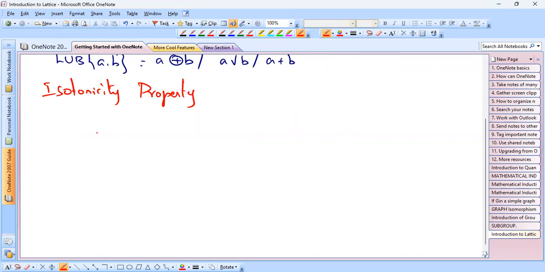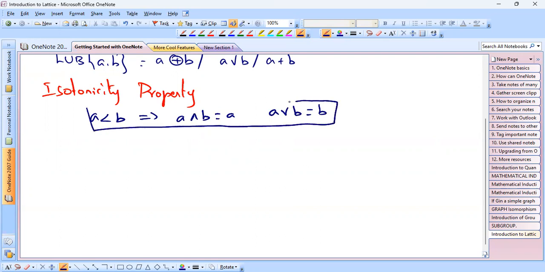Before entering into the isotonicity property, you have to remember this: when A ≤ B, A and B is equal to A and A or B is equal to B. So using this basic result only, we are going to prove the isotonicity property.